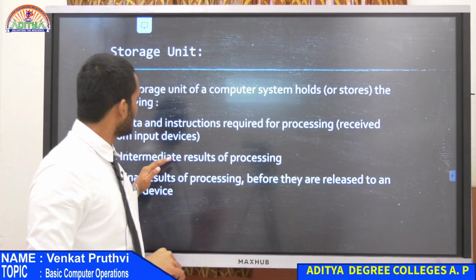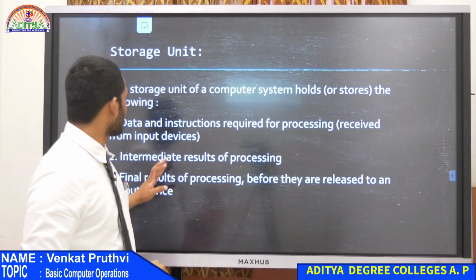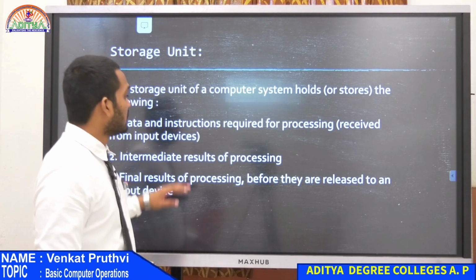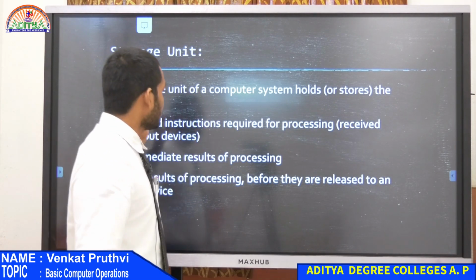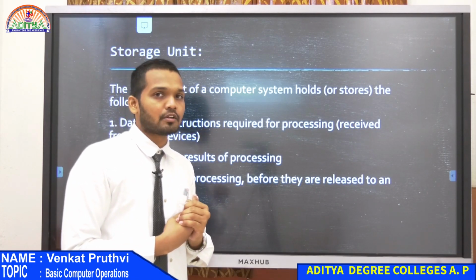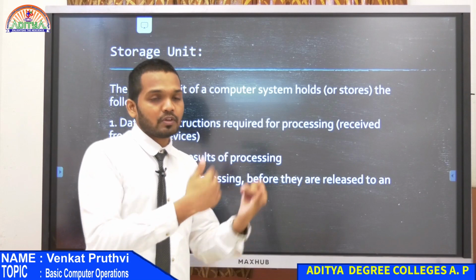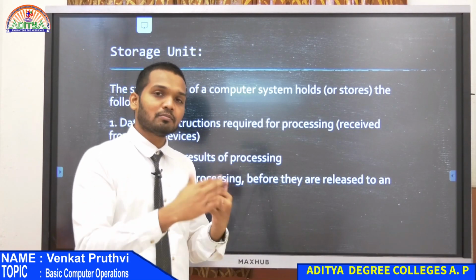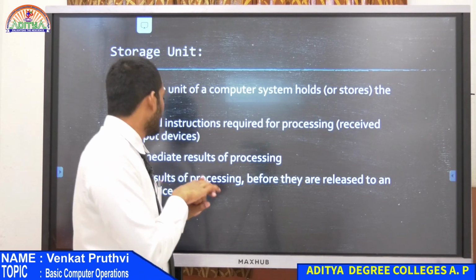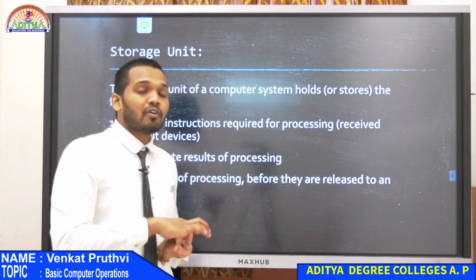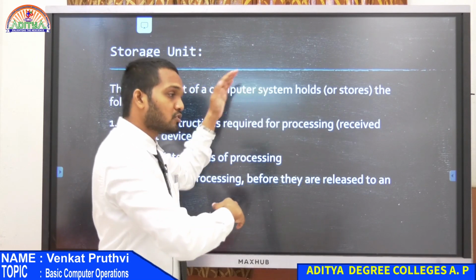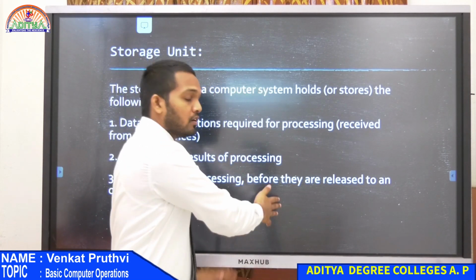The next thing is the intermediate results of processing and the final results of processing before they are released to the output unit. What it means is that the storage unit holds the programs we want the computer to perform, and the instructions: which instruction has to be performed first, what is the second, and so on. That is the first thing the storage unit has. The second thing is, while processing, the storage unit is connected to your CPU.